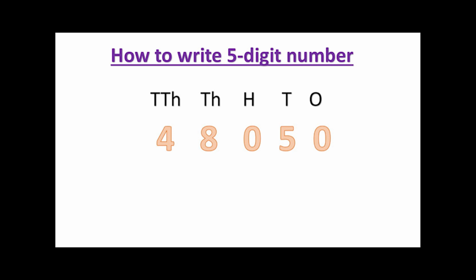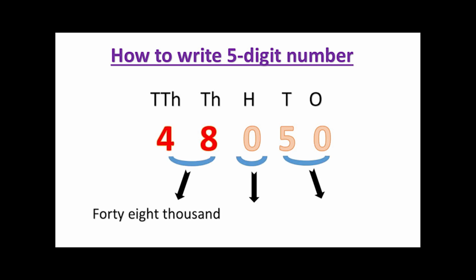Now, students, let's try a new number. What is the number name of this number? First, we divide this number into 3 parts, 2, 1, 2. So 4 and 8 together make 48,000. Now, this 0 is in the hundreds place.